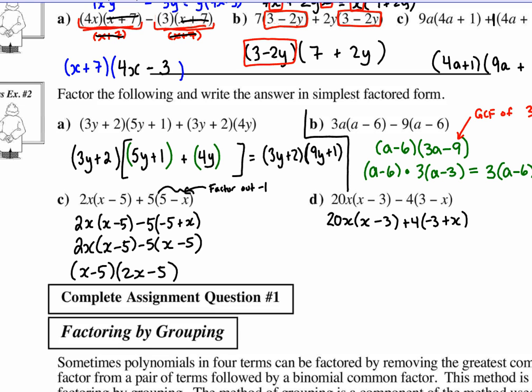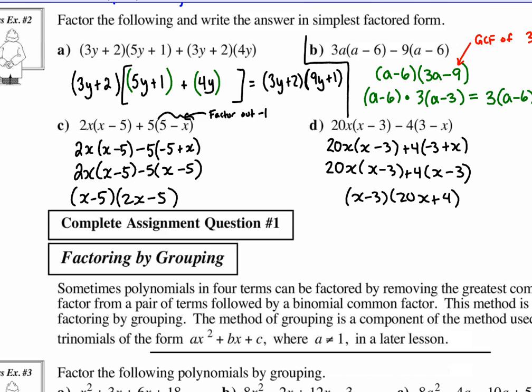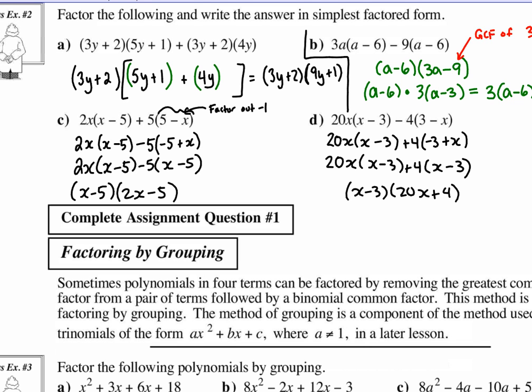Okay, so now could you write that instead as x minus 3 instead of negative 3 plus x? Yeah? And so now we can factor out the x minus 3. We're left with 20x plus 4. Are we done? Yes, there is a common factor in here of 4.